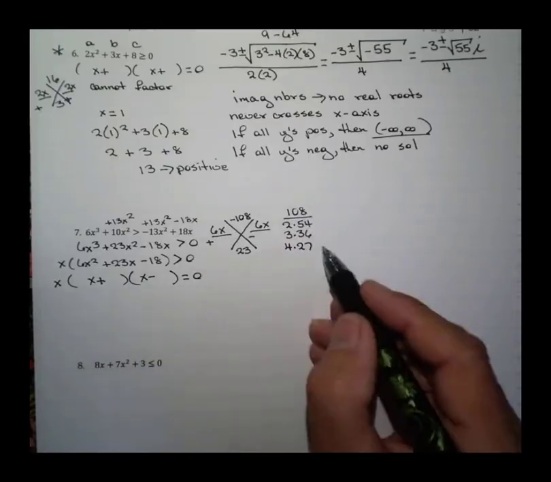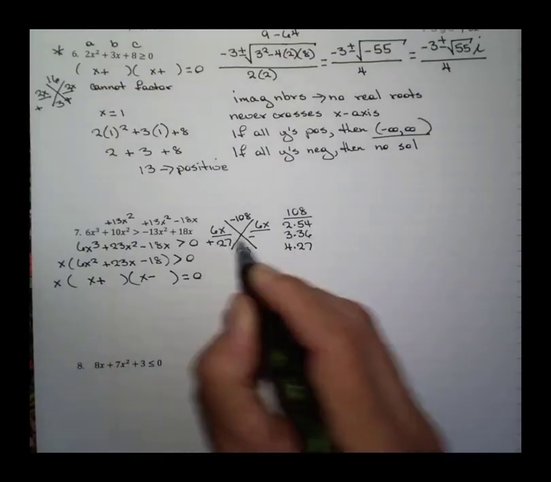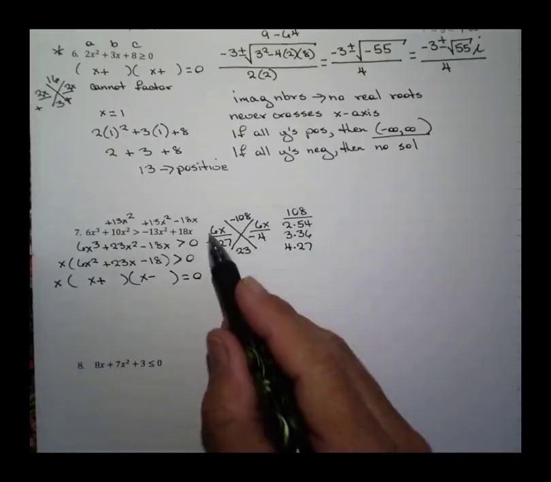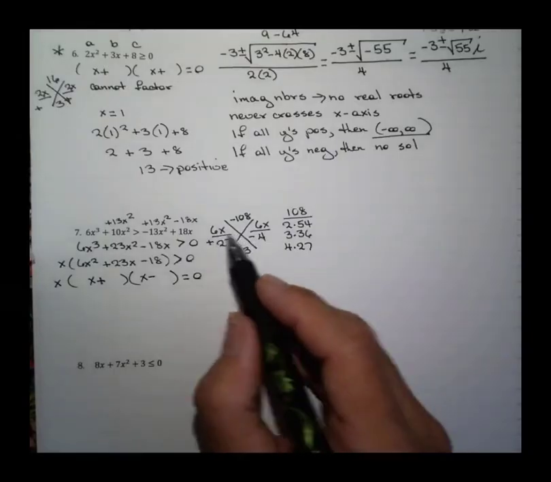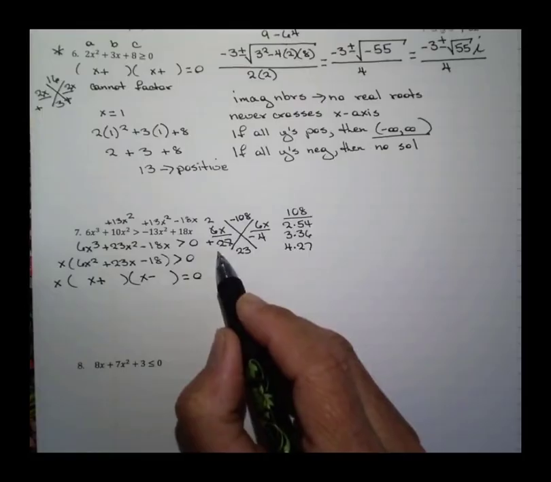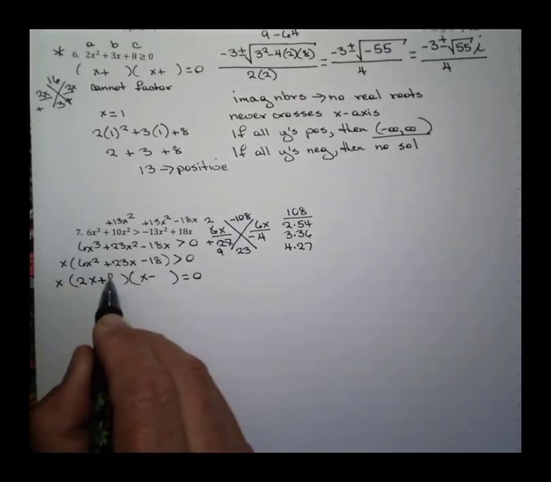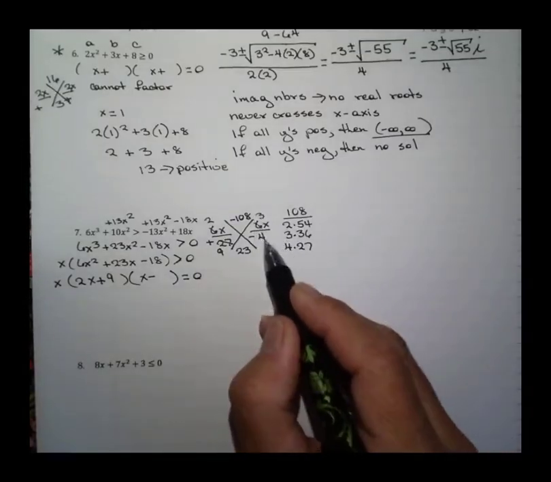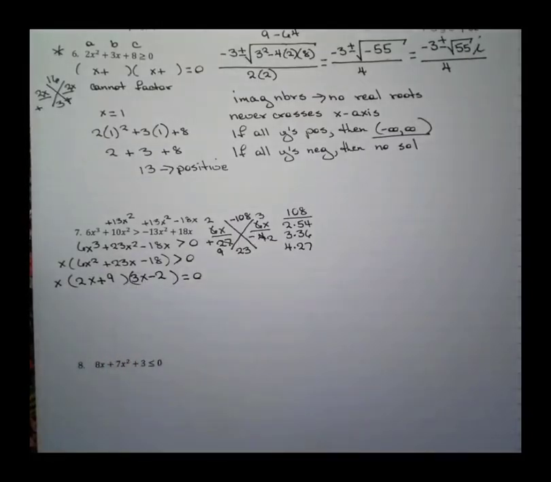And that would subtract to give me 23 if I had a positive 27 and a negative 4, and that's what I'll do. Except I can reduce these, can't I? 3 goes into both 6 and 27, so this is really 2 over 9. So I have 2x plus 9. That's my first factor. And then I go over here and say, well, 2 goes into both of them. So I got 3x minus 2. There, I have my factors.